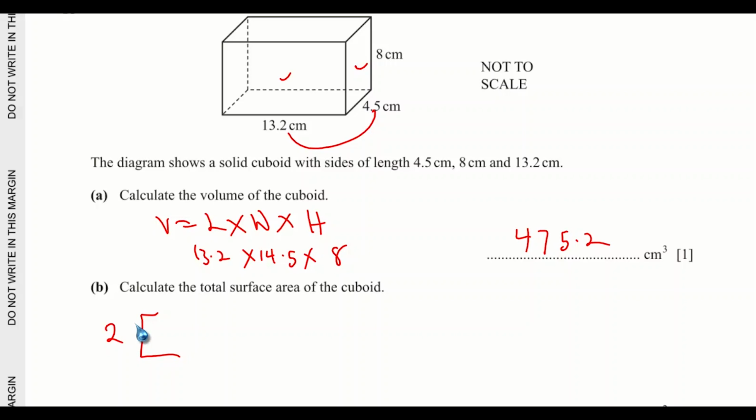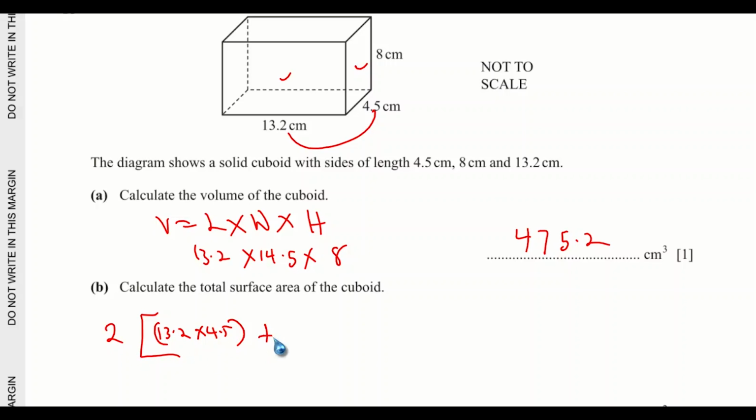So what we can do now is 2 into 13.2 times 4.5. This will give us the area of the base, and multiplying by 2 means this gives us the area of the base and the area of the top.